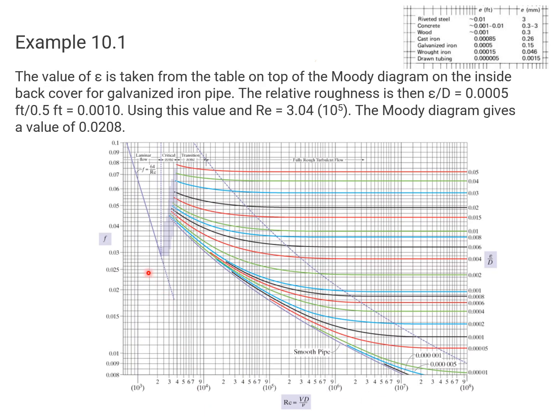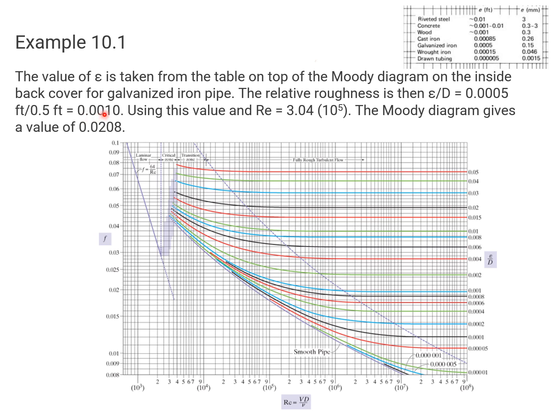So continuing on with example 10.1. The value of the roughness constant epsilon is taken from the table on the top of the Moody diagram on the inside back cover. For galvanized iron pipe, we get 0.0005. So using that value, the relative roughness, which is epsilon over D, is 0.0005 divided by 0.5 feet, the diameter of our pipe.